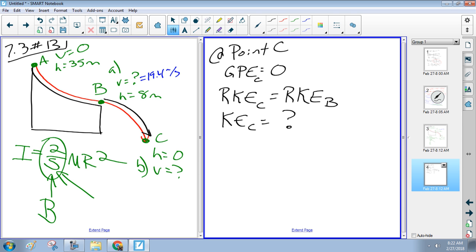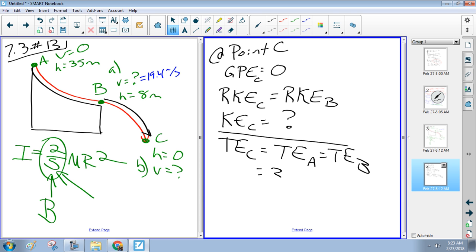And all of this has to add up to be the same as the total energy at any of the other points, because they're all the same, right? Does that make sense? All right, so what do you think would be a good thing to do? We already know the total energy at points A, B, and C. It's 343 M, I guess.